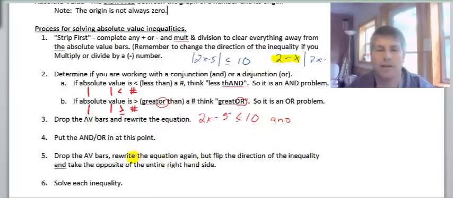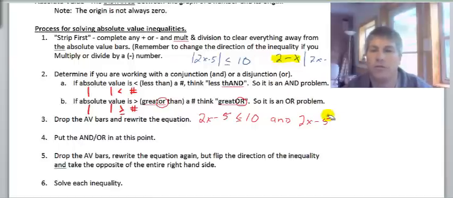Then step 5 says drop the absolute value bars again and rewrite the inequality, but flip the direction of the inequality. Here I mistakenly started to write less than or equal to. We're going to flip the direction, so now it's greater than or equal to, and then take the opposite of whatever's on the right-hand side. This was a positive 10, so it becomes a negative 10.